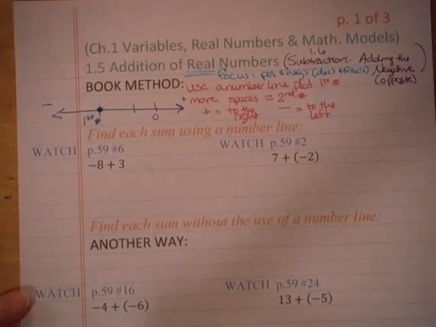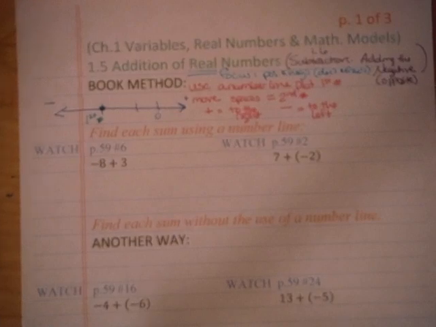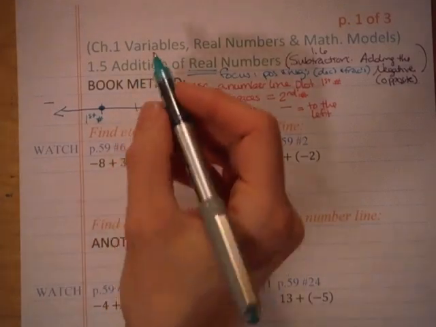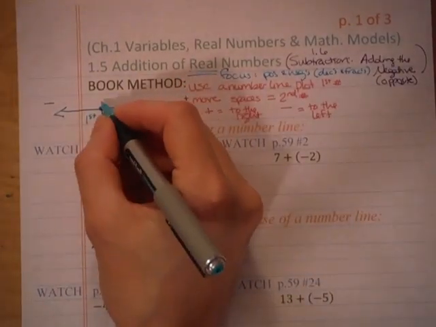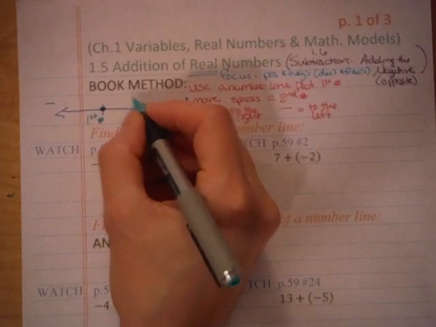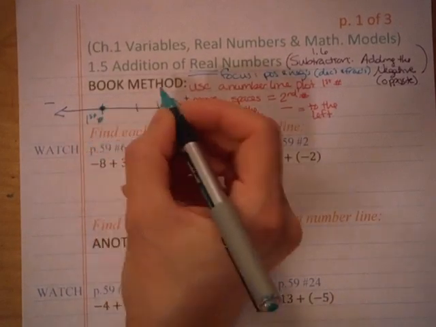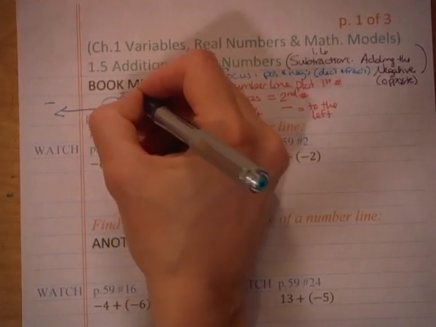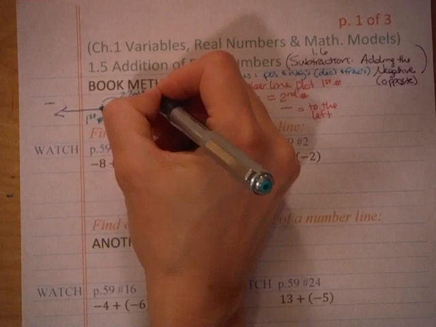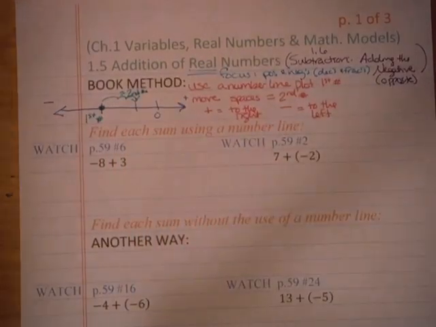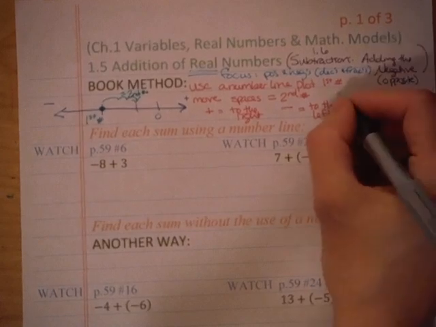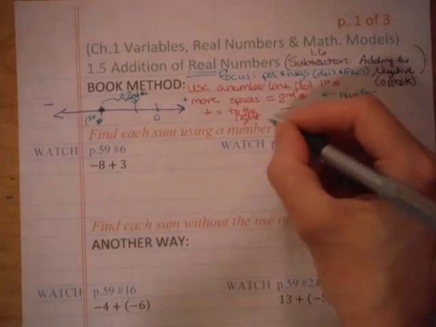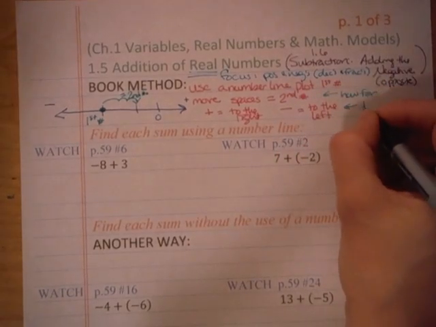This is our first number, and then we're adding a second number. Let's say we're adding a positive number here. You would move right if you're adding a positive, you'd move left if you're adding a negative, and you'd move however many spaces that number was equal to. So the number of spaces equals the second number. This is how far you would move. The direction is related to the sign of the number.